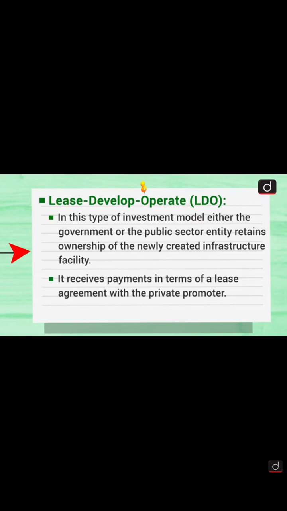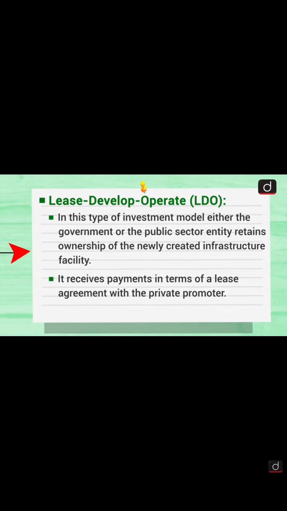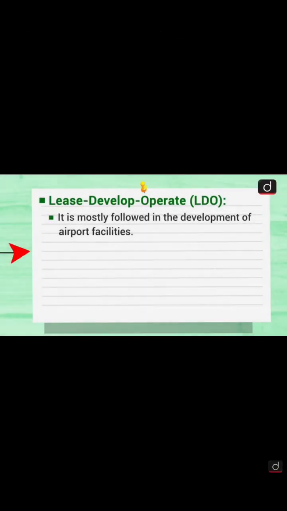In this type of investment model, either the government or the public sector entity retains ownership of the newly created infrastructure facility, and it also receives payment in terms of a lease agreement with the private promoter. It is mostly followed in the development of airport facilities.